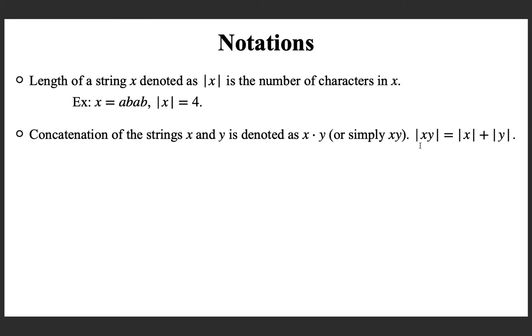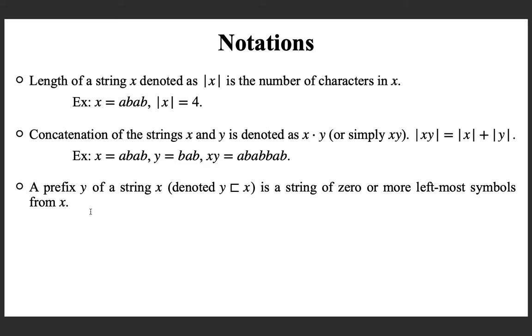The length of the concatenation of x and y is the sum of the lengths of x and y. Example, suppose x is ABAB and y is BAB. What is their concatenation? ABABBAB. And you can easily see that here the length is 7, which is 4 plus 3, and that is true in general.